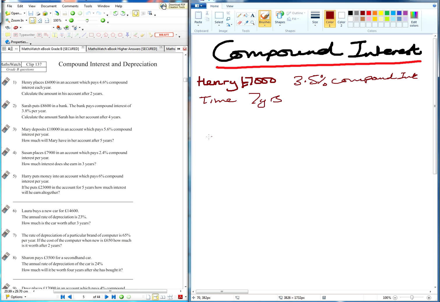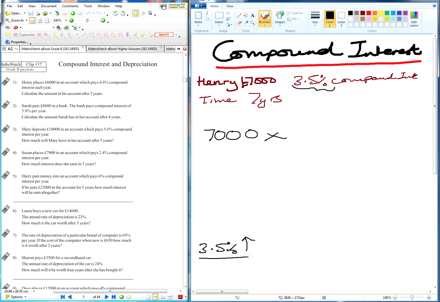When we do a compound interest question, this is how we start off. First of all, we start with our principal amount, which is £7,000, and then we multiply it by the percentage. Remember, 3.5% is going up. What is the original percentage worth? 100%.